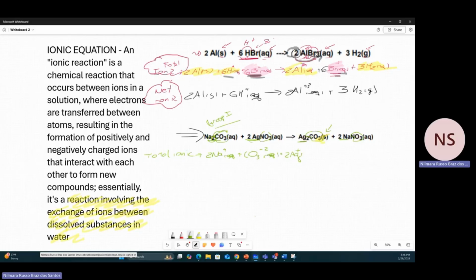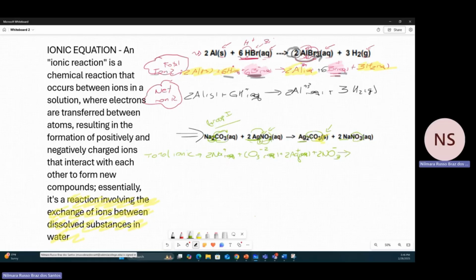Plus nitrate. Nitrate is a polyatomic ion. I almost forgot to write down equals, see? So nitrate, I have 2 nitrates over here. So 2 nitrates. And since I don't have any number here, that means this is -1. I don't even need my periodic table, right? With the polyatomic ions in the back.